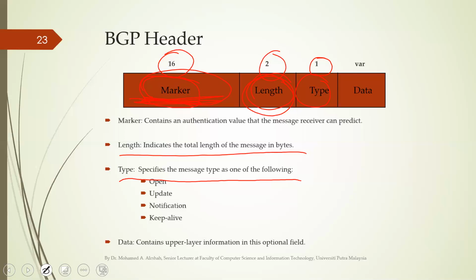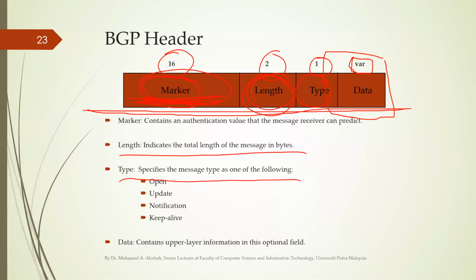Regarding the data field, data actually is variable. The size is unknown because it can be big or small. It depends on the information they need to exchange. So data will contain the upper layer information in this optional field. This goes through what is called encapsulation.